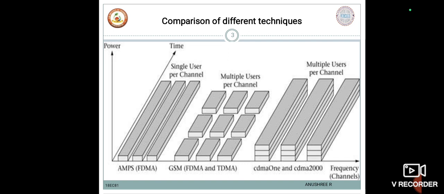During the 1980s, AMPS was a cellular telephone system employed in the United States. In 1989, the Telecommunication Industry Association, that is TIA, adopted the time division multiple access technique as a radio interface standard that would meet the requirements of the next generation of wireless systems.